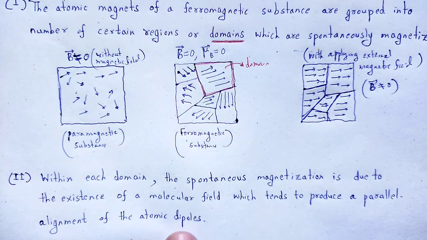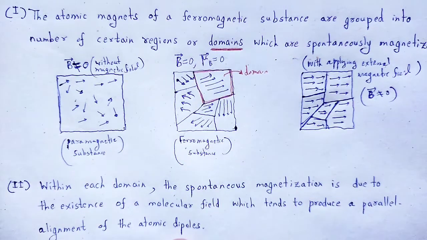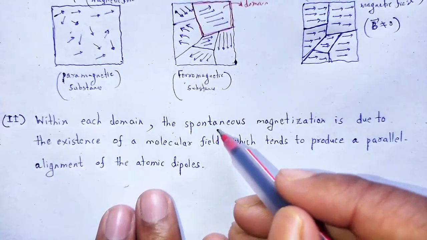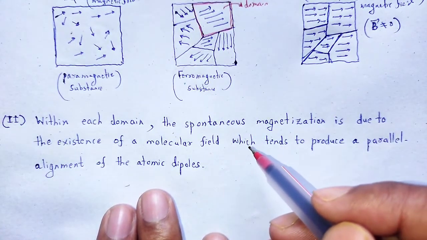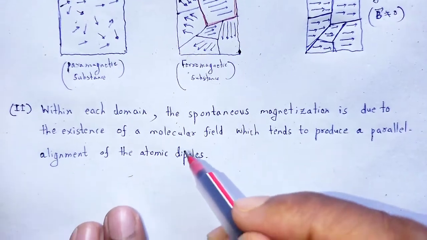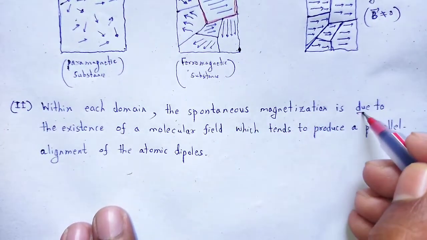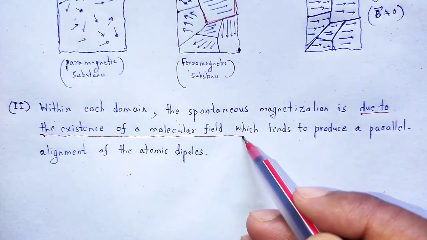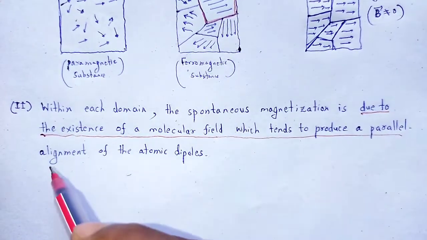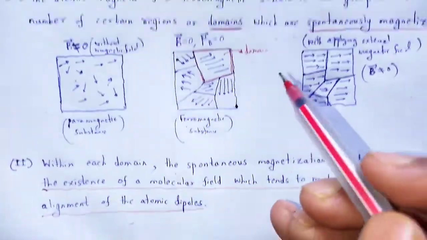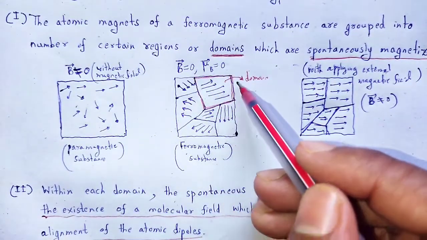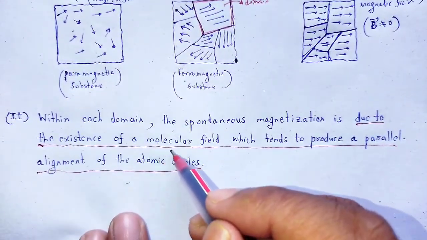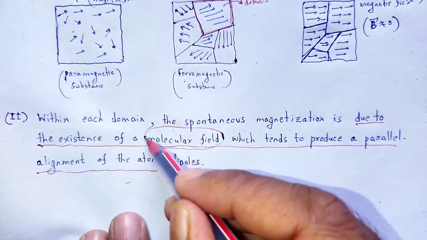Which cause is responsible for their spontaneous magnetization? It is due to the existence of a molecular field, and that molecular field tends to produce a parallel alignment of the atomic dipoles within the domain.